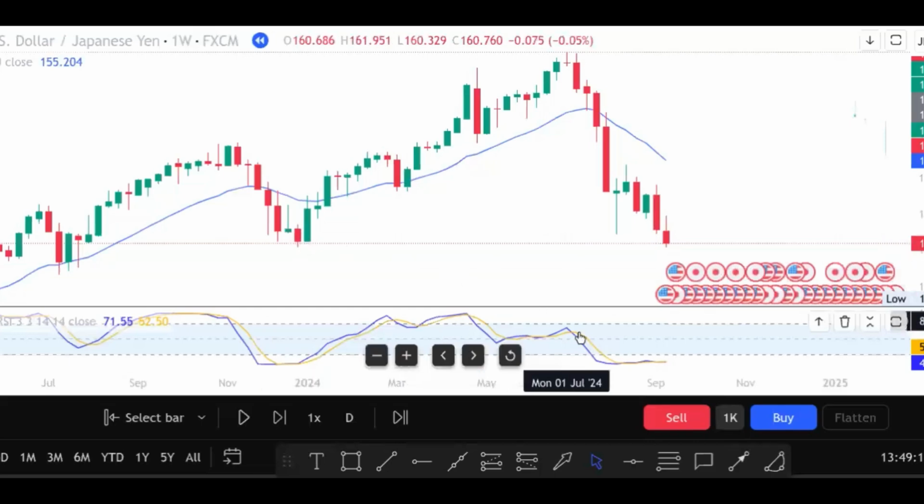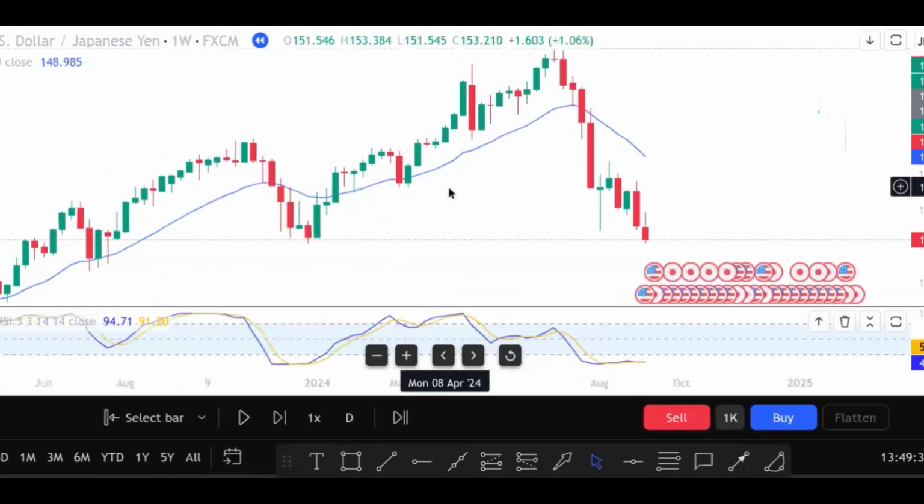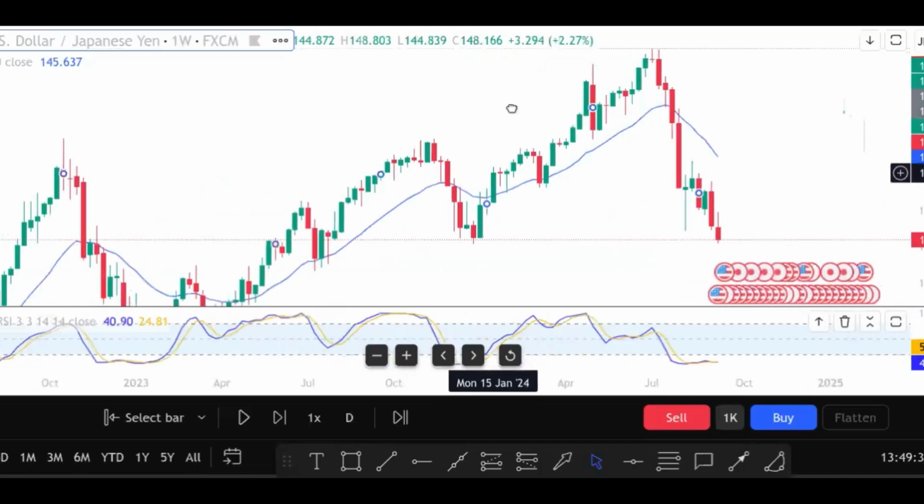Now, if you pay attention to the stochastic, we're literally showing you that we are what? We're oversold, right? So what we're waiting on is the clear indication of bullish momentum for us to go in for a buy and target this previous high. Because one, the key is what trend is the market in?